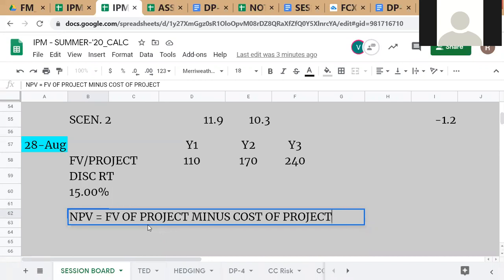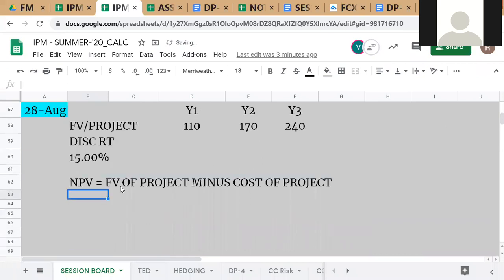When do you reject the project? When the NPV is negative. NPV is negative means fair value is lower than the cost of the project. The cost of the project is like the market price of the project, because L&T is charging me $300 million to extend the metro line.